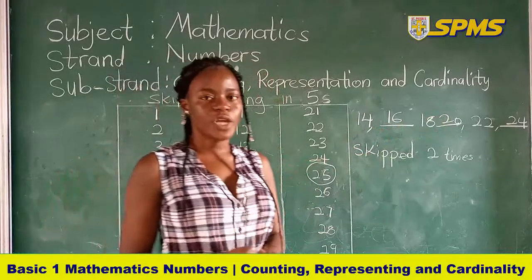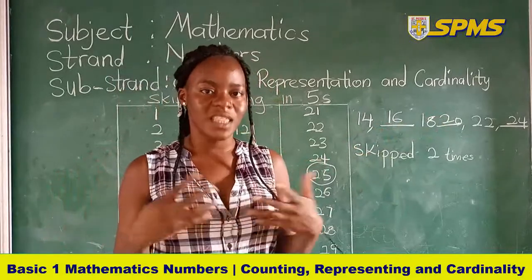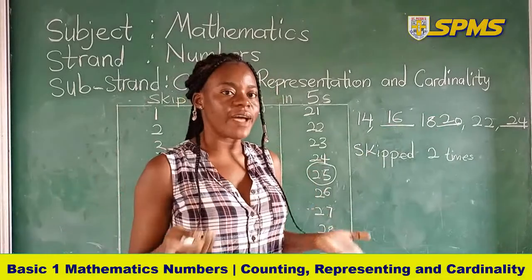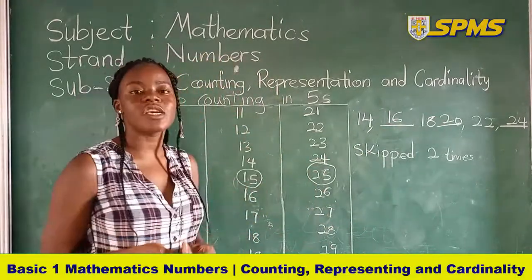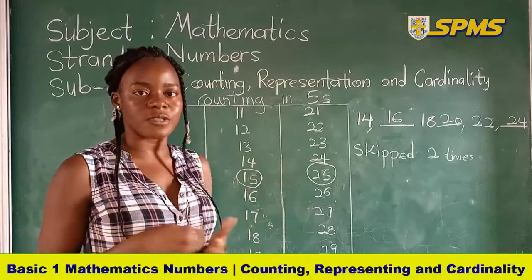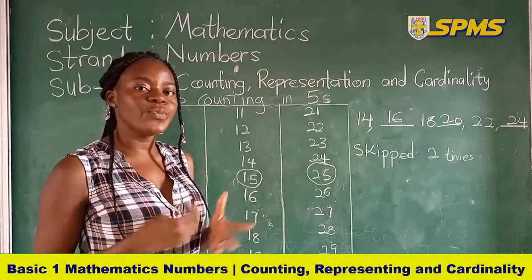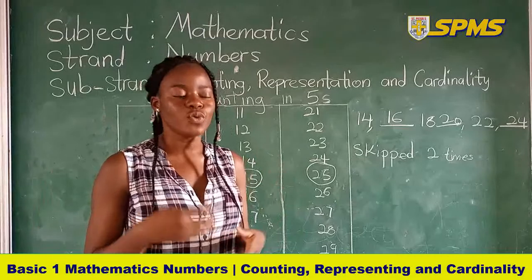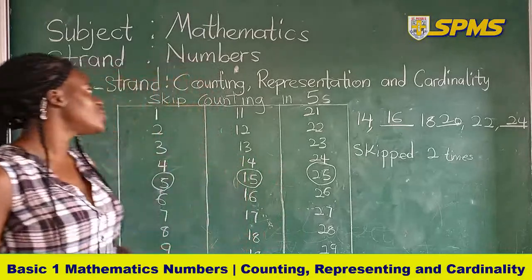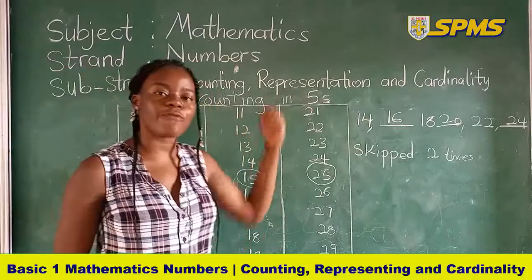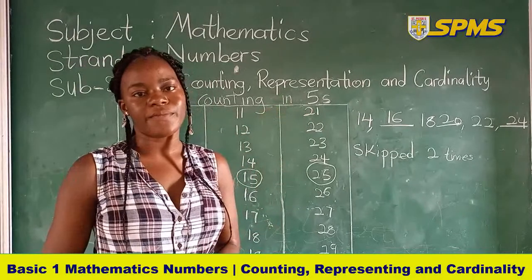So please, children, try and practice that for me. And I told you to do the skip counting of 4s. So you do that when we meet at the Zoom meeting. So try and do skip counting in 4s for me.